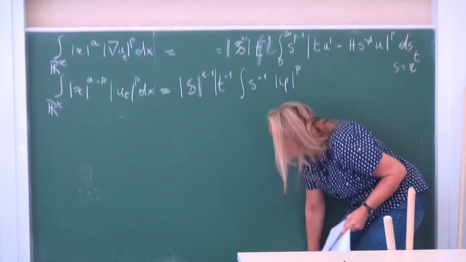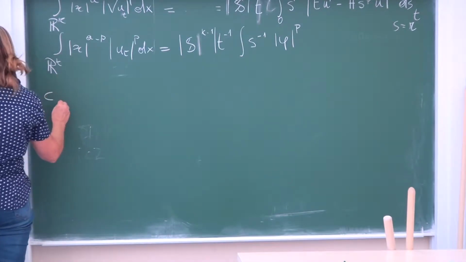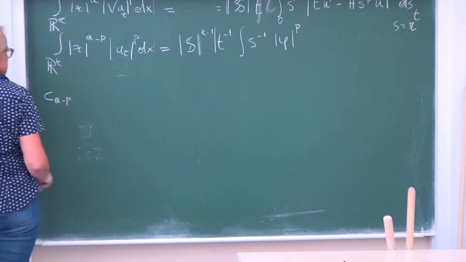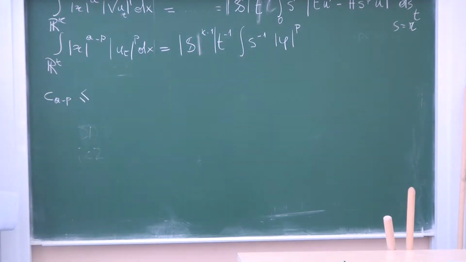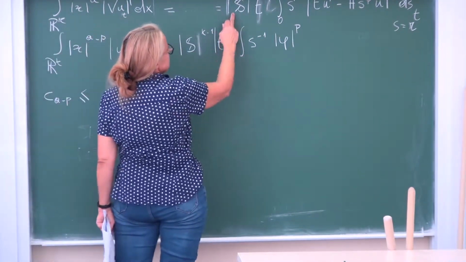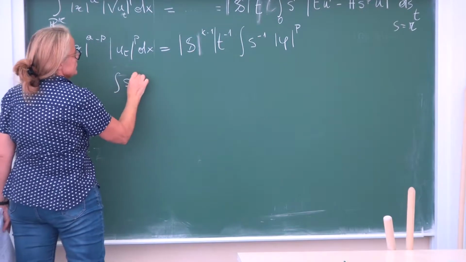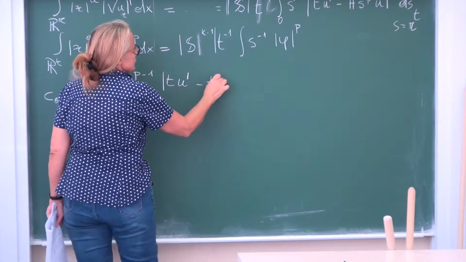And so we find that the best possible constant, let me call it C_{A,p}, with the same definition, is smaller or equal than the ratio between this and this. This goes away, this goes away, so s^(p-1) (t u' minus h).